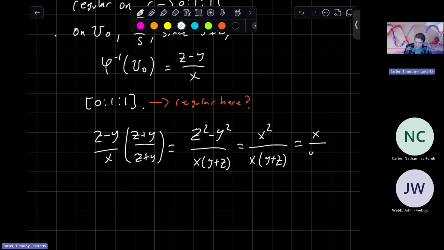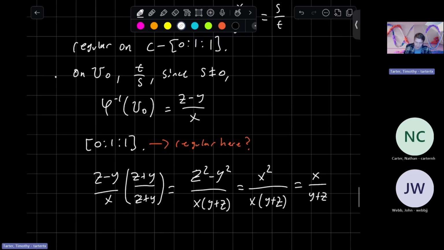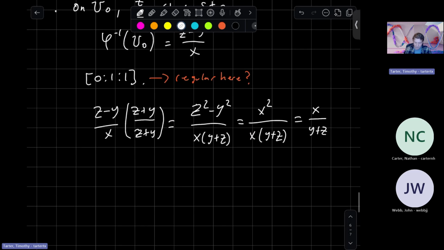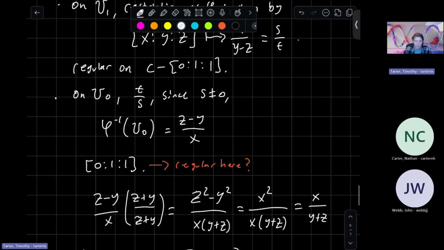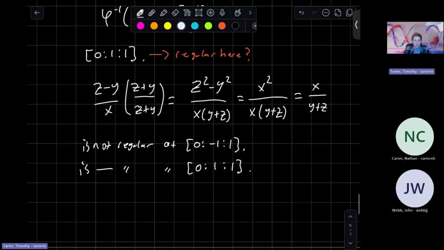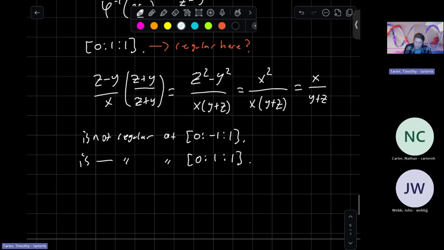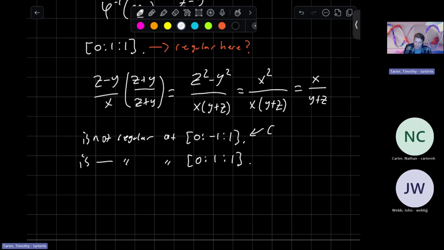And so this is equal to x over y plus z. And so this is regular at 0, 1, 1, but is not regular at 0, negative 1, 1. Okay. So this means that we're regular at C minus 0, negative 1, 1.